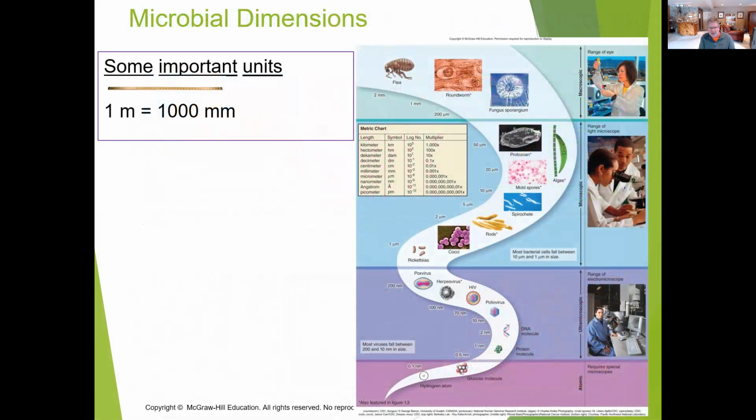Whether we talk about viruses or bacteria or protozoa or fungi or whatever the case may be, we want to get some sense of the size. And I really like this figure in your book that takes you from relatively large structures all the way down to very, very small structures, down to the atomic level.